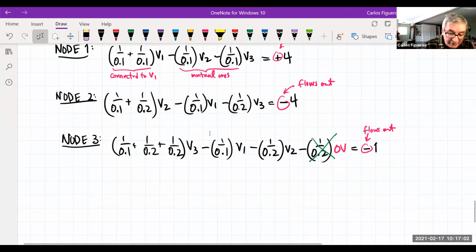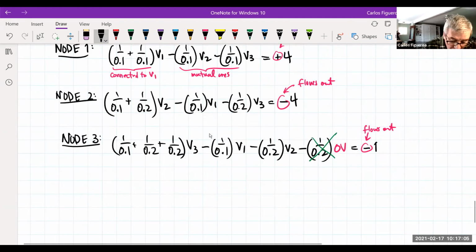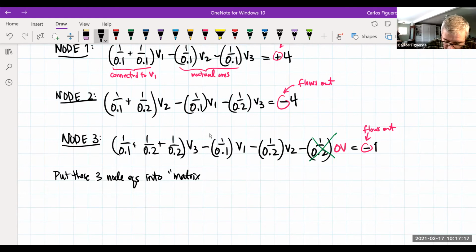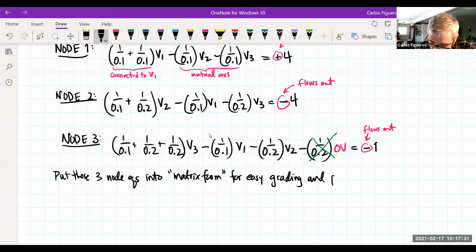So what you're going to see here is that I now want to put these 3 node equations into matrix form for easy grading and putting into calculator.